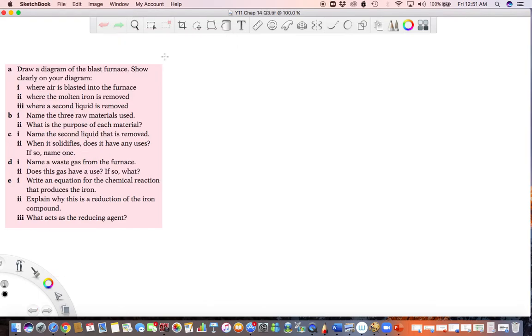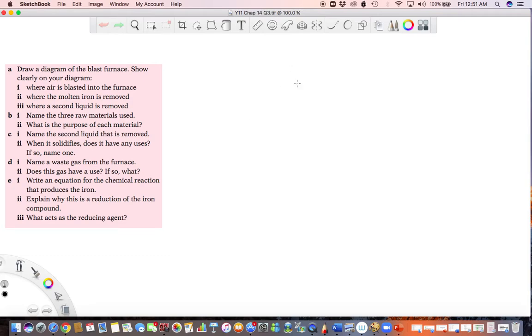So question 3. Draw a diagram of a blast furnace and show clearly how it works. First, drawing a blast furnace will not be in an exam of any kind, but in an exam they could give you a partially drawn diagram where you would have to complete it either by labeling it or by writing something that's involved.